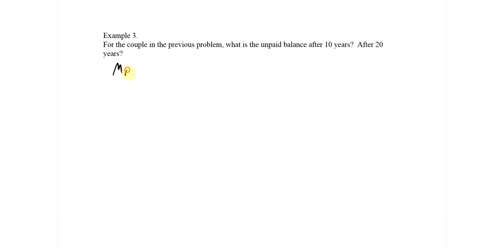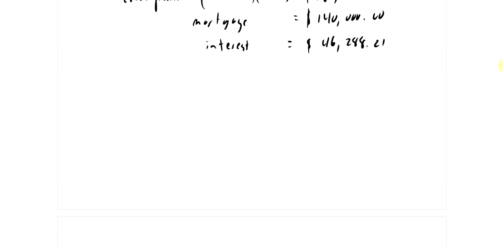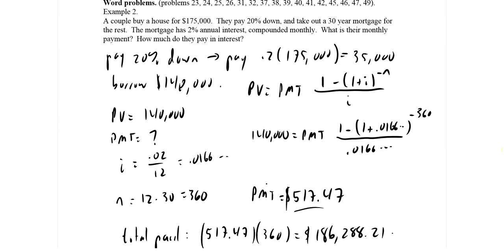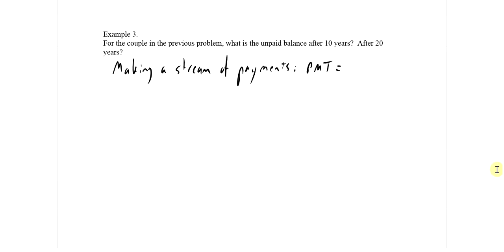We're making a stream of payments. Right? So they're depositing money into the account. Payment size is that, $517.47. And they're making this stream of payments now.